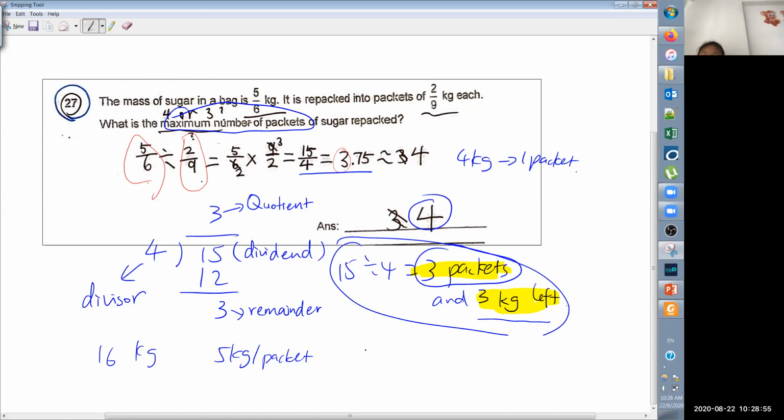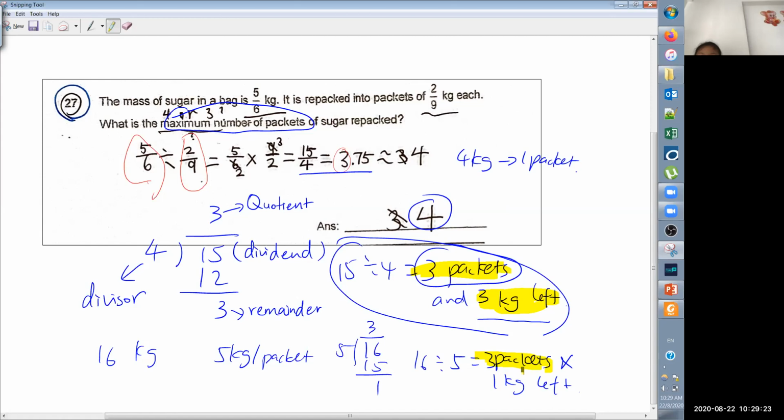What you do is use 16 divided by 5. So it's 3, and then 15, and then 1. So how do you write this? 16 over 5, you get 3 packets and then 1 kilogram left. Am I right or not? Yes. So if they ask you what's the maximum number of packets, the answer is 3.